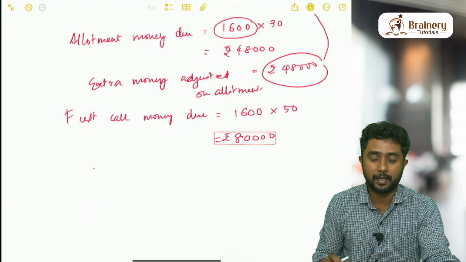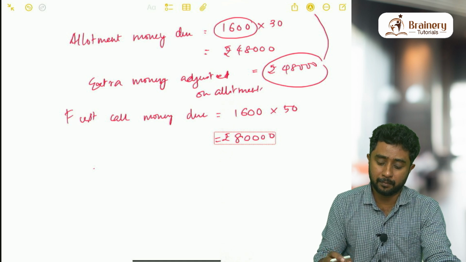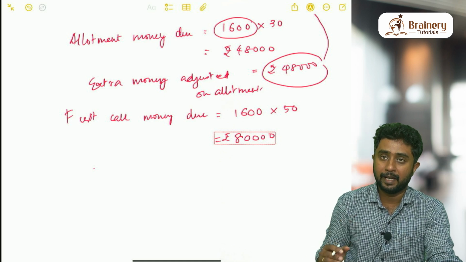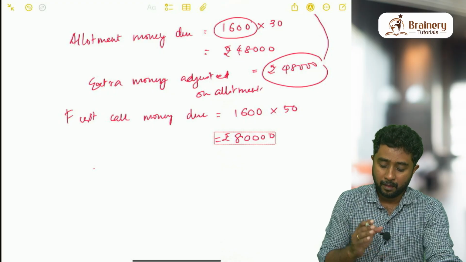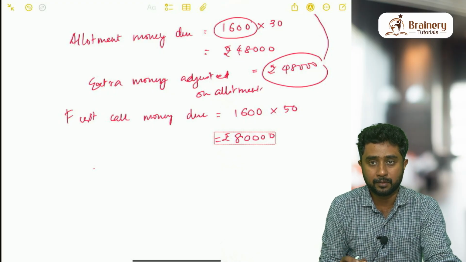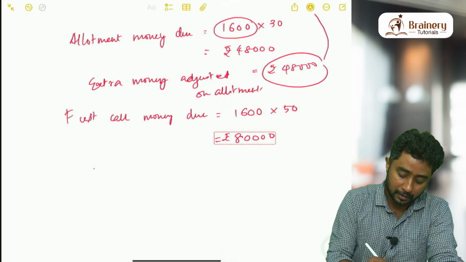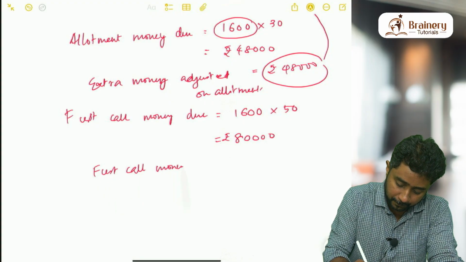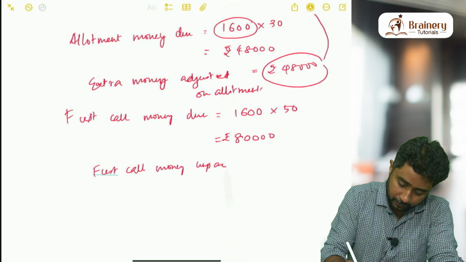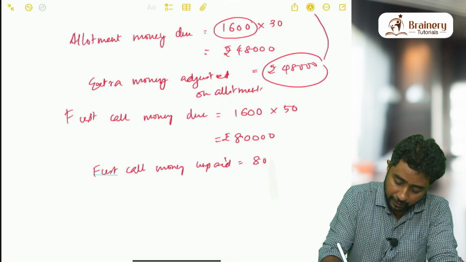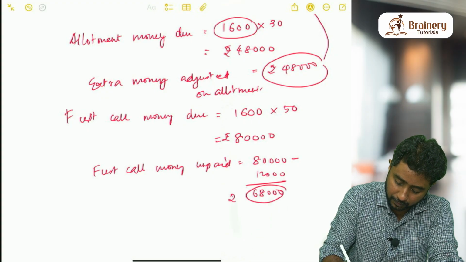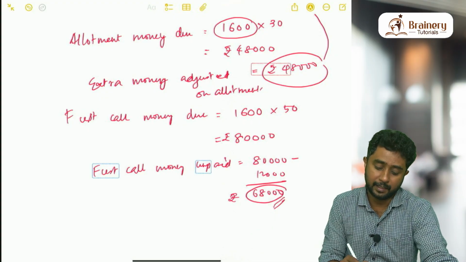We received 60,000 extra from him; out of that 48,000 has been used for the allotment. Still we had 12,000 which we are keeping for adjusting on the first call. So the first call money unpaid by him is 80,000 minus 12,000, which is 68,000 rupees.